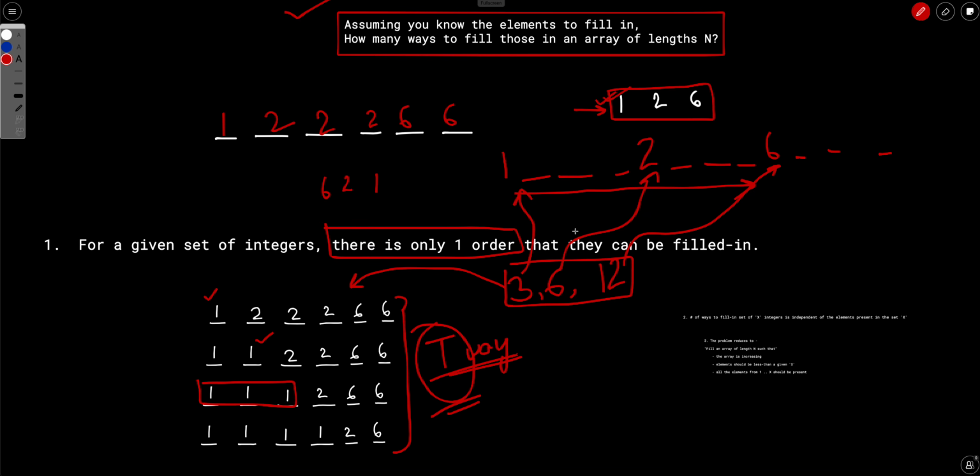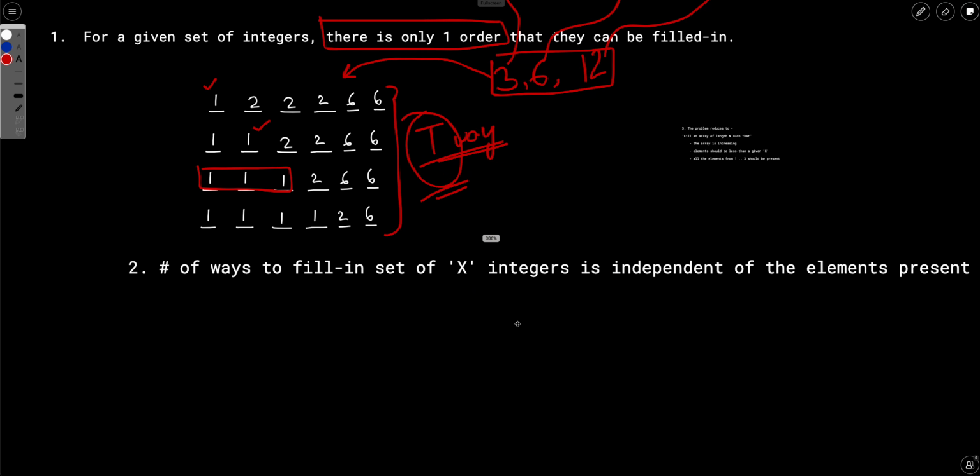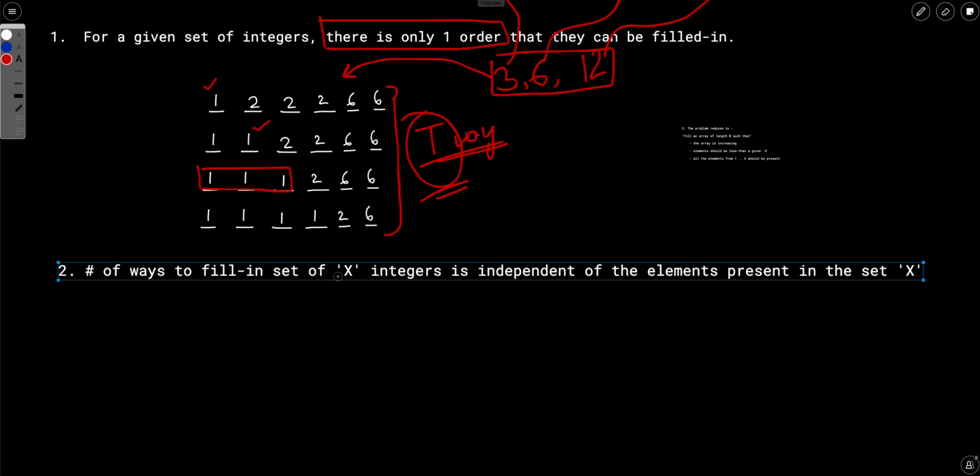So because of this constraint, what we are able to see is that the number of ways to fill a set x of integers is independent of the elements present in the set x. It doesn't matter if you want to fill in 1, 2 and 6, or 3, 6, 12, or 100, 10 and 1. Unless it has 3 integers and you have to fill 6 boxes, the number of ways would be t only.